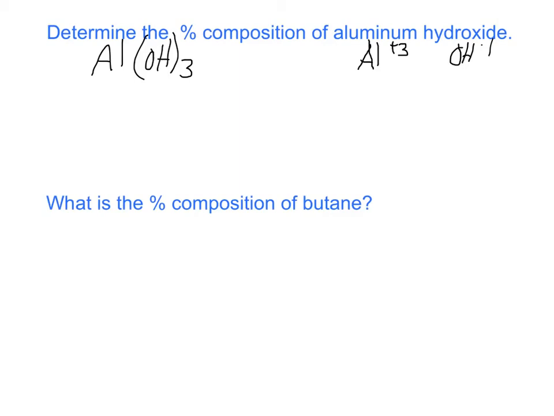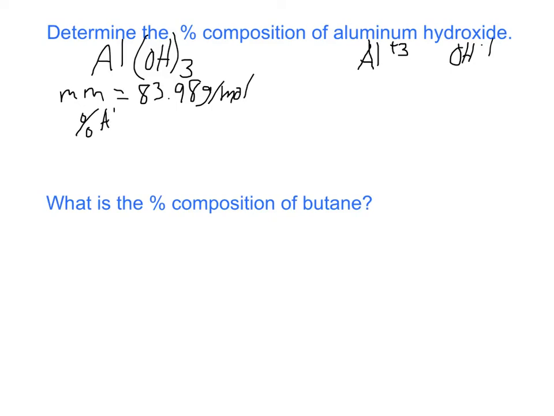Again, the next step is to figure out the molar mass. So for this, the molar mass is 83.98 grams per mole. And then we just hit the periodic table to find the percentage of each component.